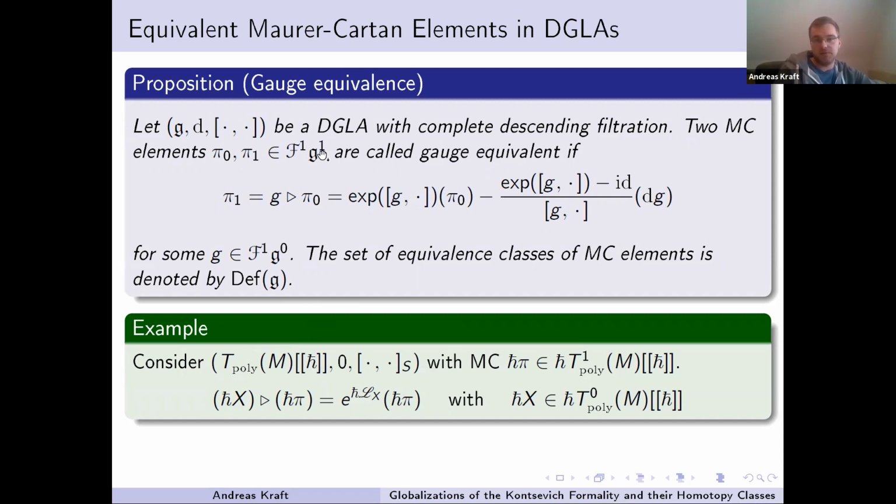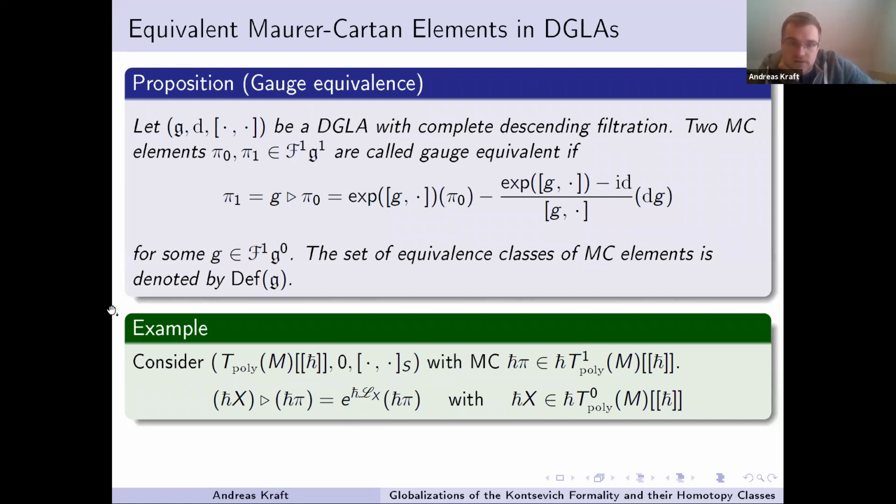So an element in degree 1 and filtration order 1 is just some formal power series of bivector fields starting in h bar, and an element of degree 0 with filtration order 1 is just a formal power series of vector fields, now starting in h bar. For this gauge action, we have no differential, so this term does not contribute. And bracket with a vector field is just the Lie derivative. So in this case, the gauge action is just the action by such a formal diffeomorphism. So it really makes sense, and it's what we want in our setting.